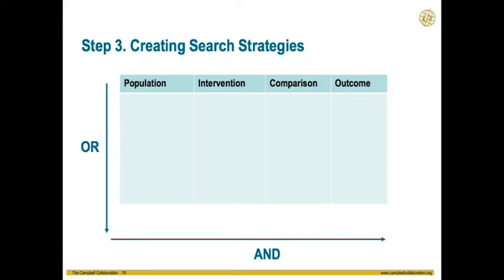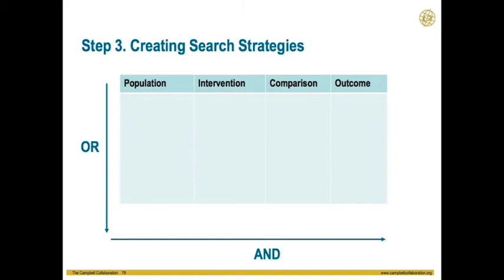So if you're interested in what are the effects of alcohol interventions for adolescents with substance use disorders, population synonyms might be adolescent, teen, teenager, student, middle school, high school, youth. Any others?